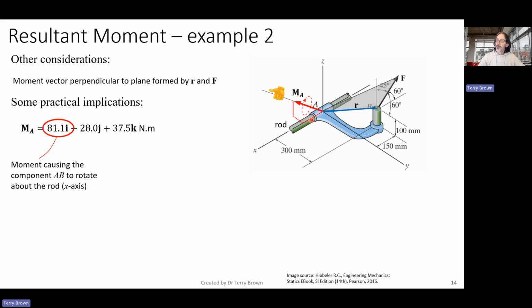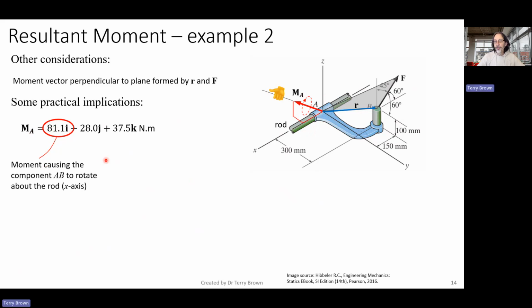This is going to be positive. We've got this force up here. You can probably see that it's tending to cause it to rotate around this way. All right, so this thing's not going to be in equilibrium, because there's nothing to react against this moment.